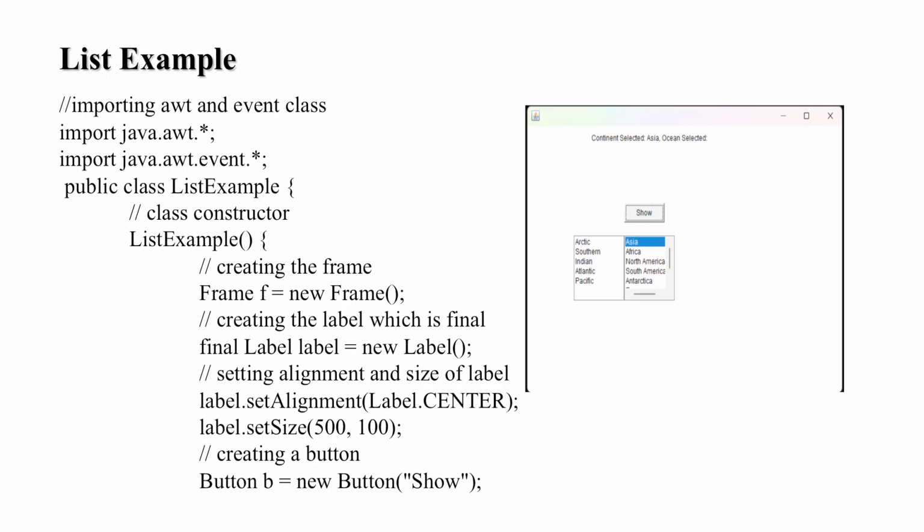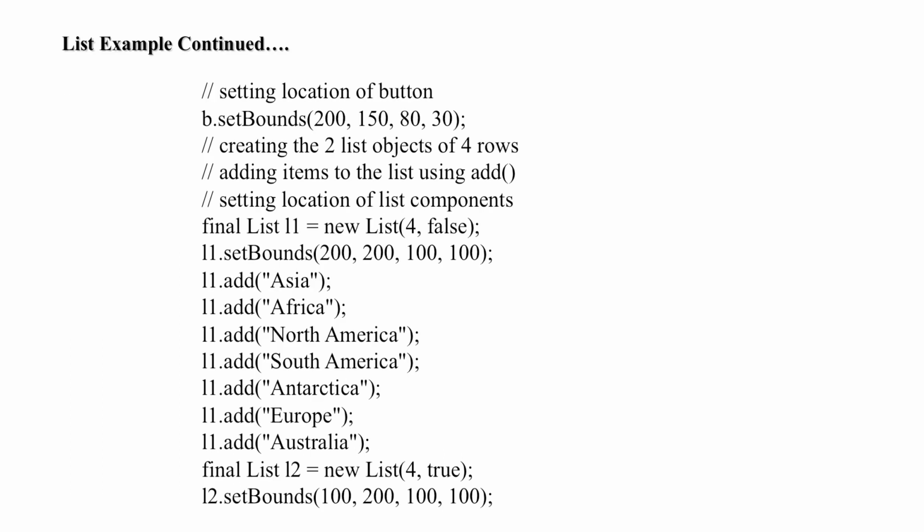After importing the Java library files, we have created the label, reserved the space for the label, then alignment is left, then we have created a button labeled show, and we have to add some continents to the list items like Asia, Africa, North America, South America, Antarctica, Europe, Australia.